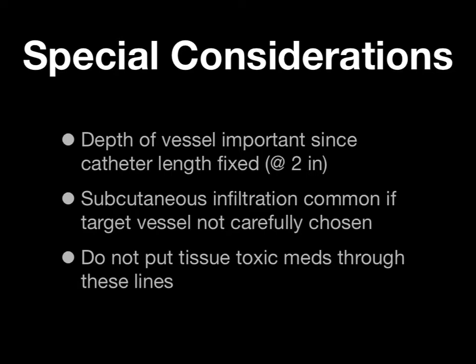Therefore, subcutaneous infiltration is common in these types of lines if you don't choose your target vessels carefully. Therefore, I always advocate that tissue toxic medicine should never be placed through these lines.